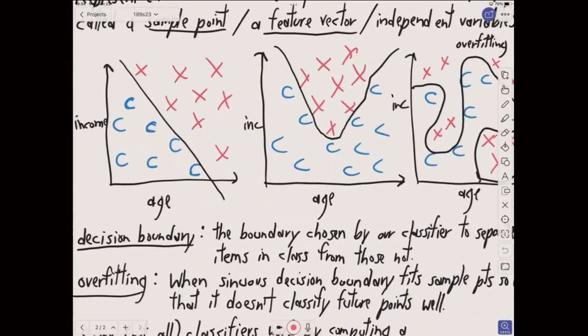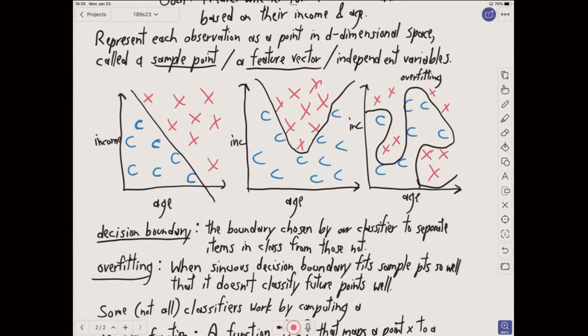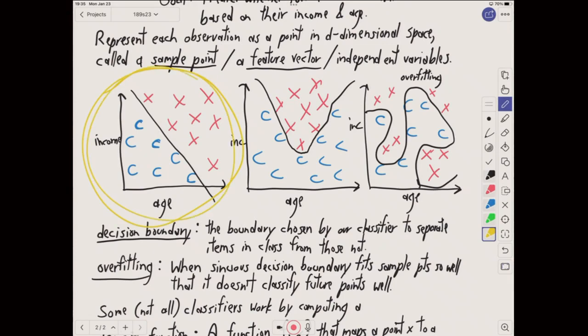These three graphs, recall them. Well, the data on the left is linearly separable, and I've proved it by drawing the line that separates them. And the example in the middle, it's not linearly separable. You will not find a line that separates the x's from the c's perfectly, and the one on the right is really not linearly separable.